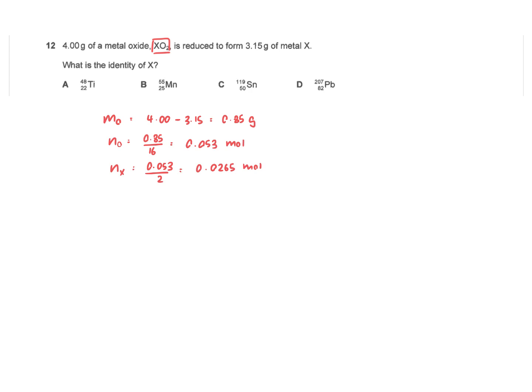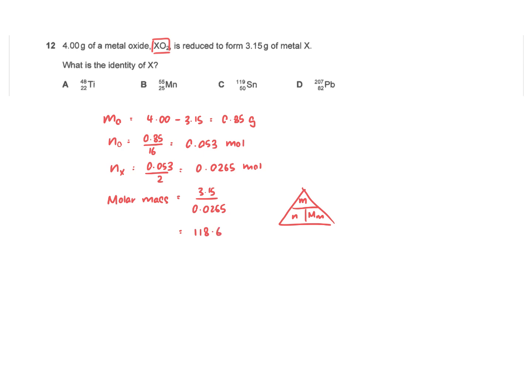And now that we have the number of moles of X, and we have the mass of metal X as well, 3.15, we can find the molar mass by taking the mass divided by the number of moles. So the equation triangle we are using is: number of moles, mass, and then molar mass. Okay, so the molar mass, if you calculate correctly, is 118.6.